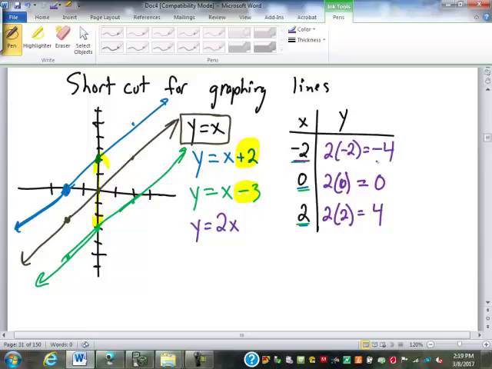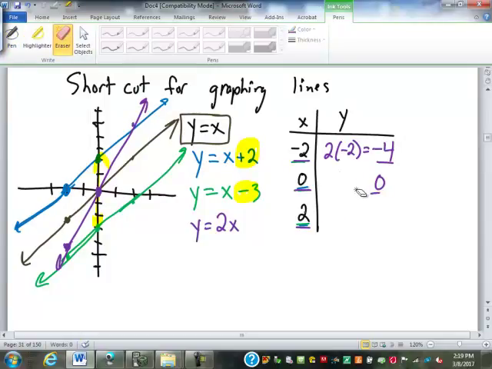We've got the point negative 2, negative 4. That's right here. 0, 0, and 2, 4. What we find here is we're back to going through the origin again. We're back going through the center of the graph. But the purple line here is steeper than the other ones. So by multiplying the x by a number in that equation, we make that line steeper.